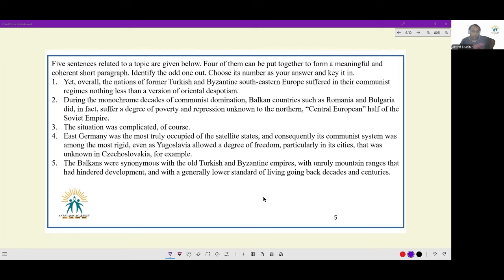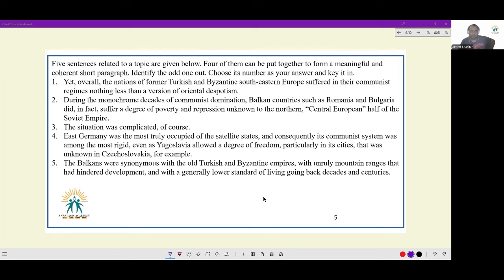Even as Yugoslavia allowed a degree of freedom, particularly in its cities, that was unknown in Czechoslovakia, for example. Okay. The Balkans were synonymous with the old Turkish and Byzantine empires, with unruly mountain ranges that hindered development and with a generally lower standard of living going back decades and centuries.